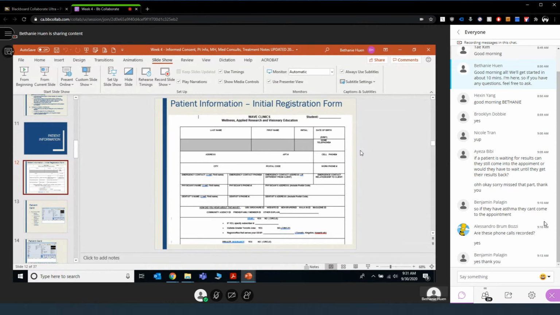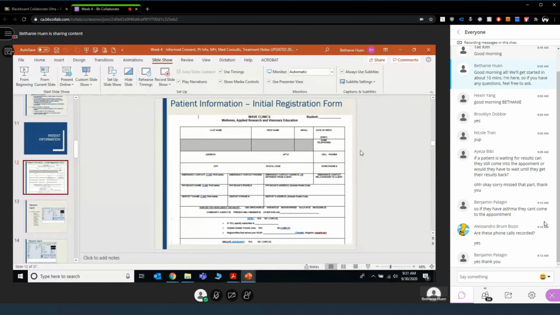In clinic, when they get there, you're going to fill this form out. And then you're going to email it through the electronic health record to client services to provide them the information.